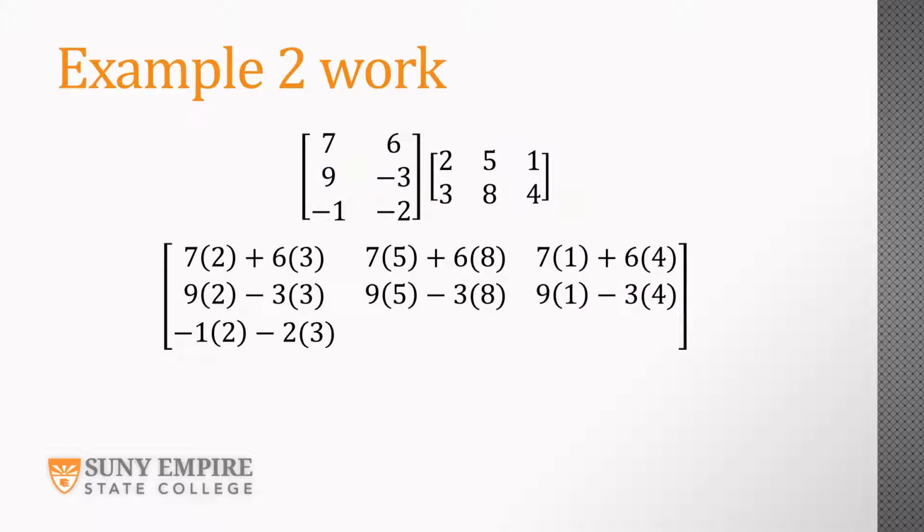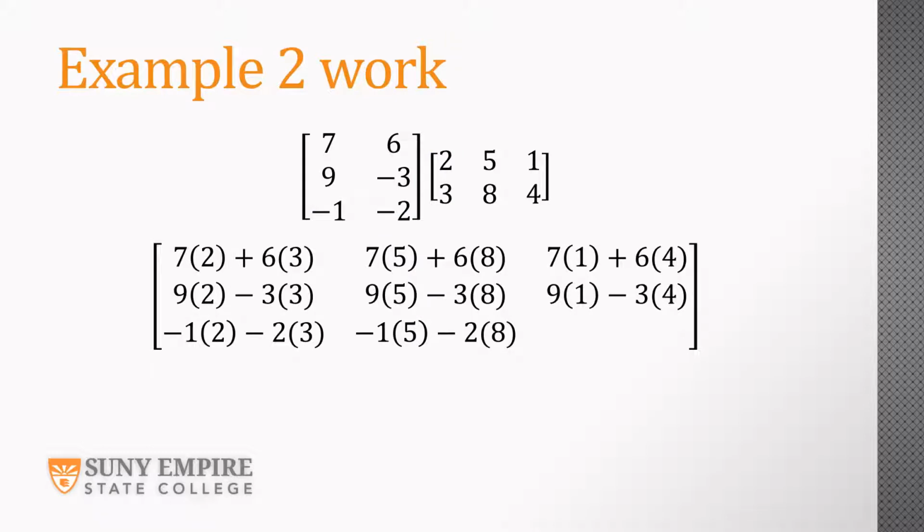We fill the bottom row leftmost column of the product by multiplying the bottom row of matrix B by the leftmost column of matrix A. Doing so, we have negative 1 times 2 minus 2 times 3.